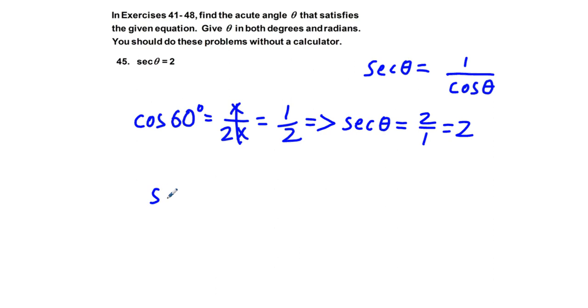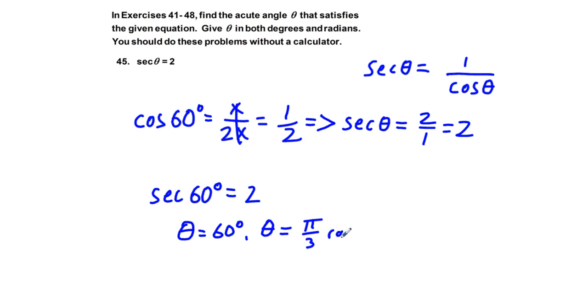Therefore, the secant of 60 degrees is equal to 2. Therefore, we say theta is equal to 60 degrees. And we also say that theta, in terms of radians, is equal to pi over 3 radians.